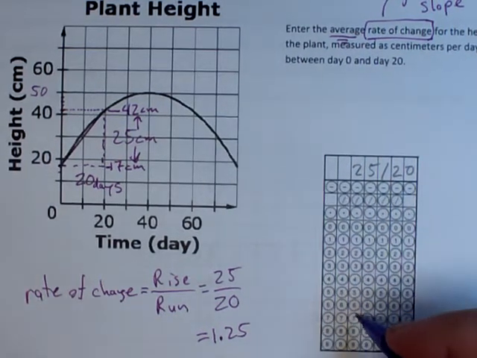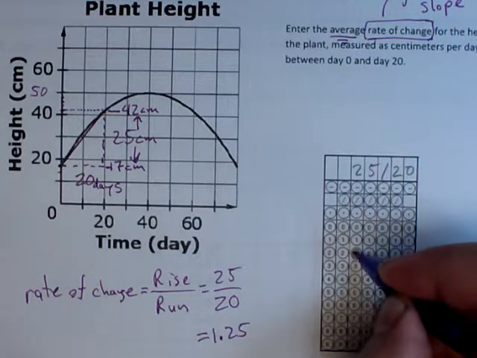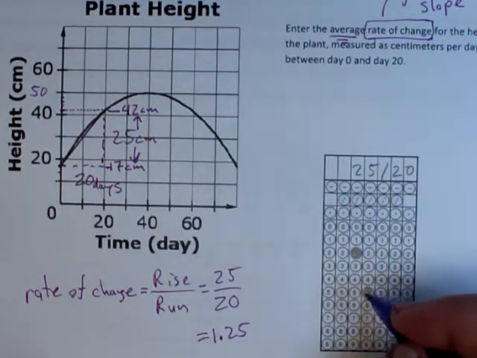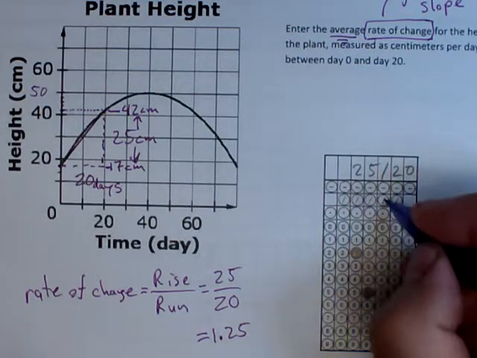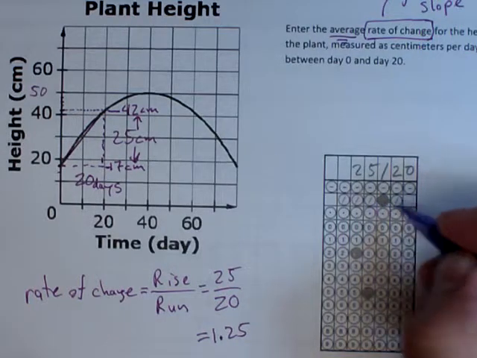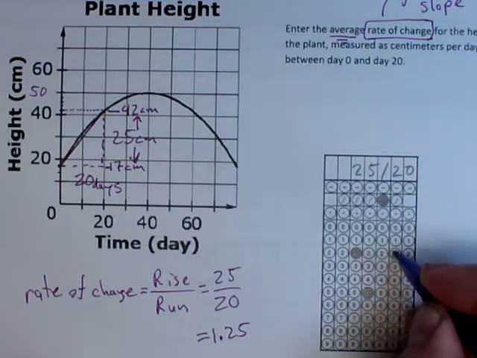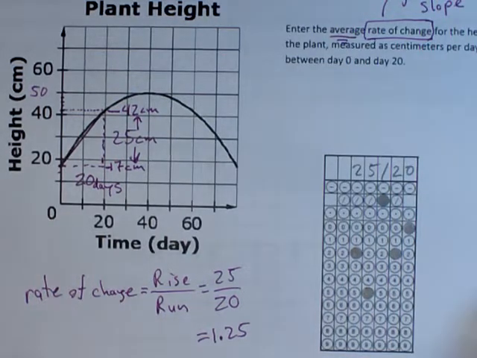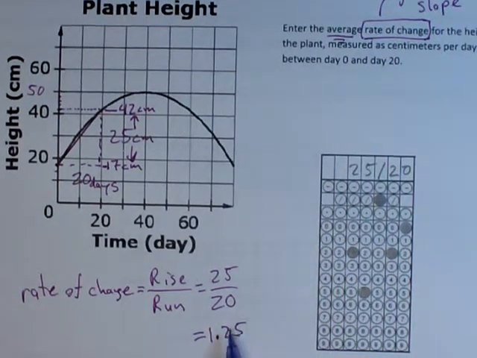So I'm going to grid that in. So I can just use that fraction bar there. The other option would be to grid it in as 1.25.